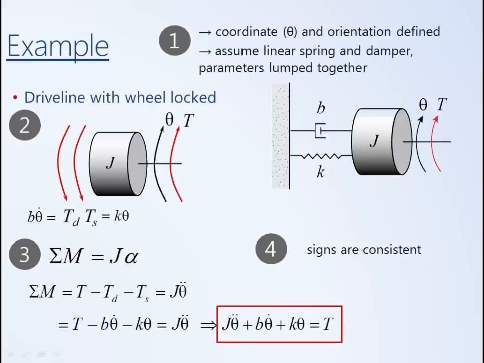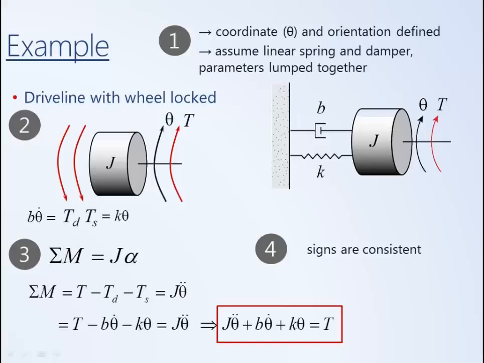You can generate the torque speed characteristics that you want just by the way that you control the motor, by the way that you command voltages or apply voltages or current to the motor. So you don't necessarily need a clutch or a transmission.